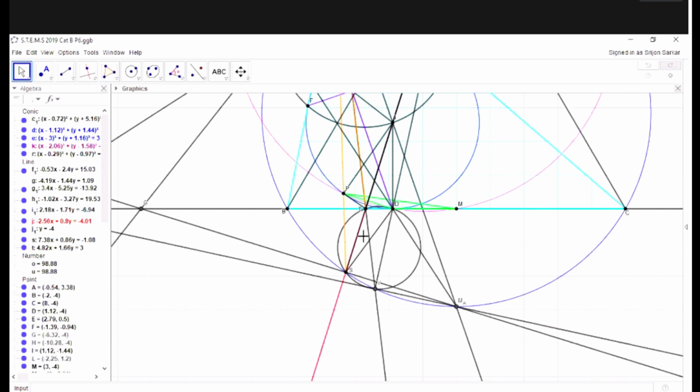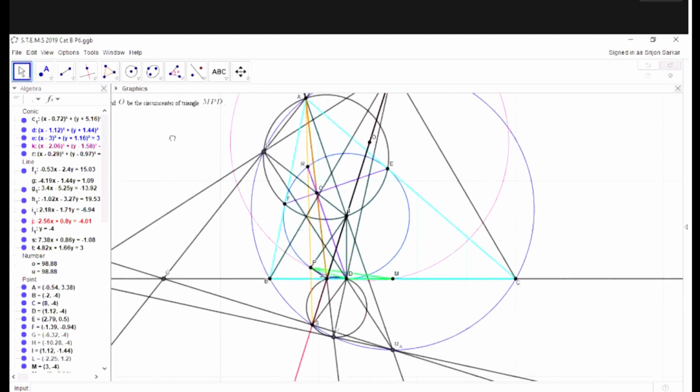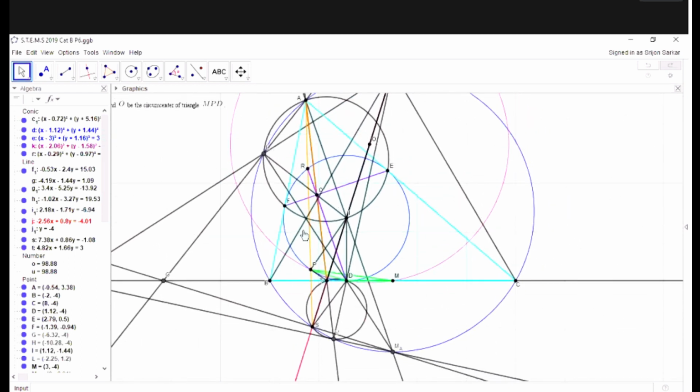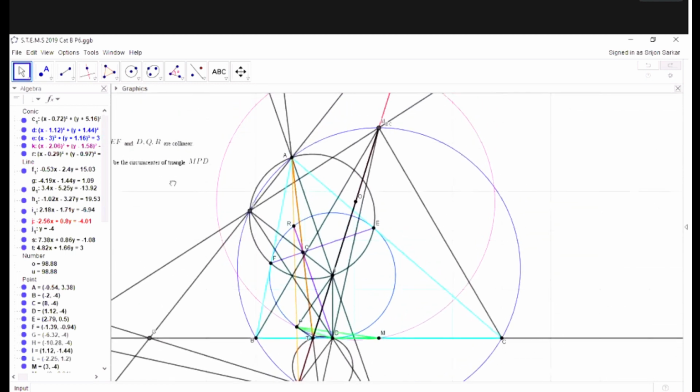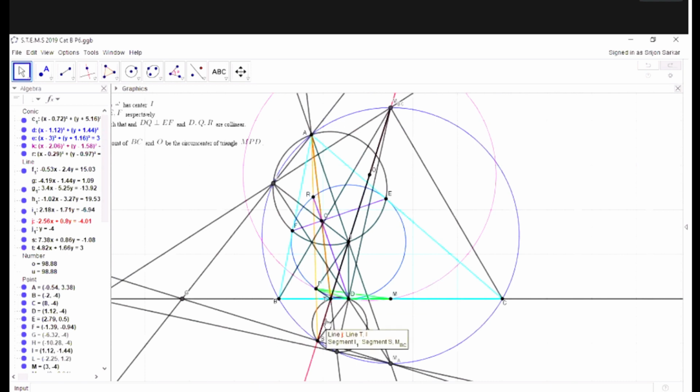So note that we had this cyclic quadrilateral, so this angle TSD is equal to TVD. Now we zoom out. Note that TVD is equal to AV M sub BC. Basically this is equal to this, and this thing is equal to this thing, and AV M sub BC is equal to AS M sub BC.